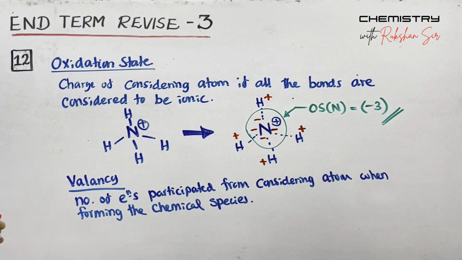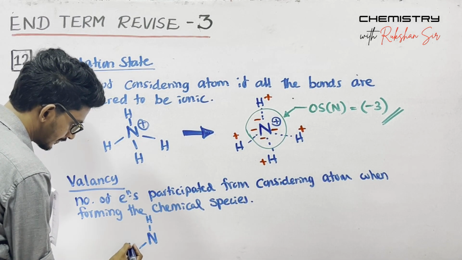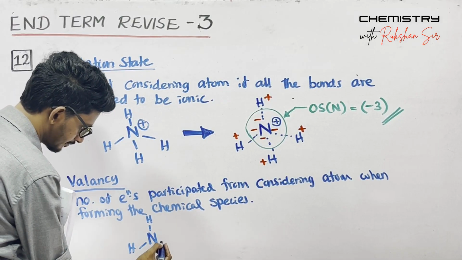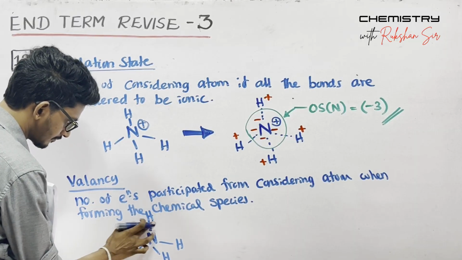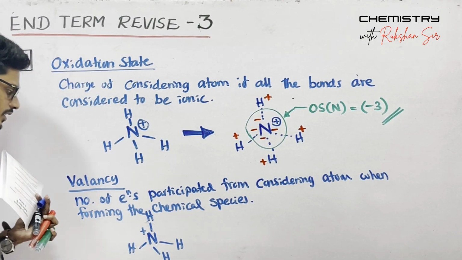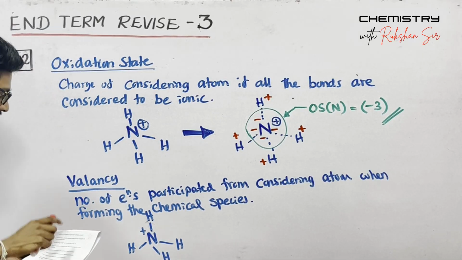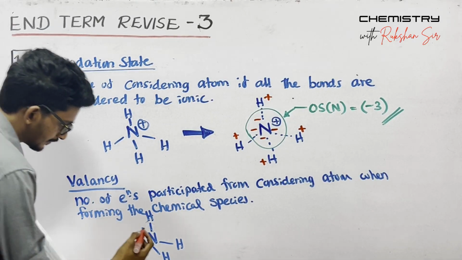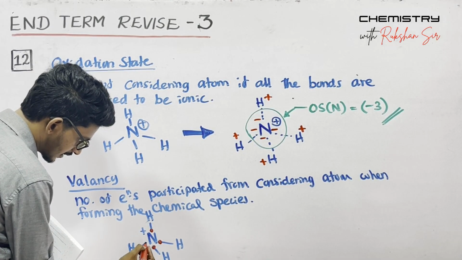Let's consider the NH4 plus again. So we clearly see from nitrogen this electron, this electron, this electron, and this electron.